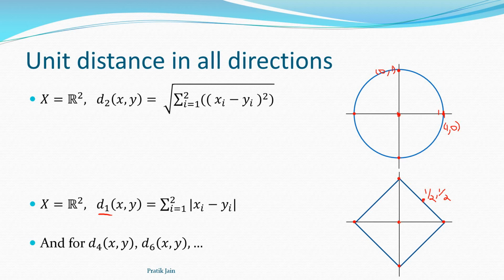It is taking into consideration the horizontal and vertical distance. So to reach over here you cannot go diagonally for d1, you have to go either horizontal or vertical. So if you start with horizontal, you have to go over here till half distance and then go up for another half distance, right? So that makes it 1. So all the points over here are unit distance apart for d1, right?